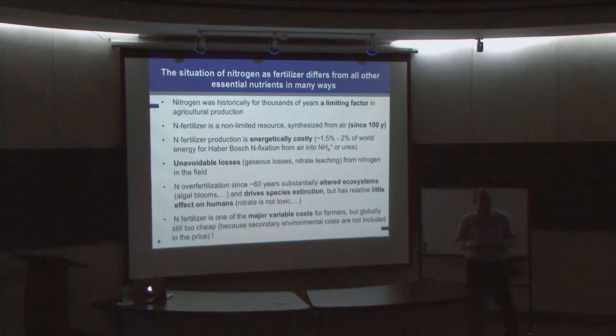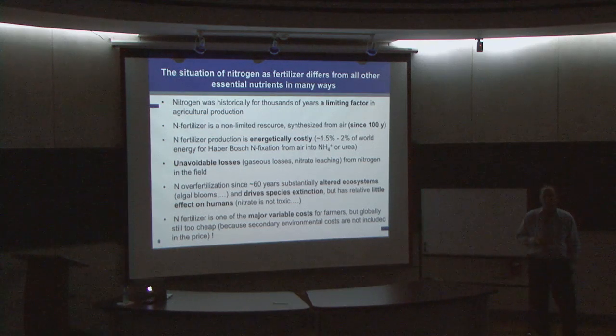We need catalysts, high pressure, and this costs, well, estimates typically say something around 2% of global world energy. Global world energy, that's huge, yeah, the amount that is needed. We have these unavoidable losses, gaseous losses, nitrate leaching, deposits, nitrogen depletion.